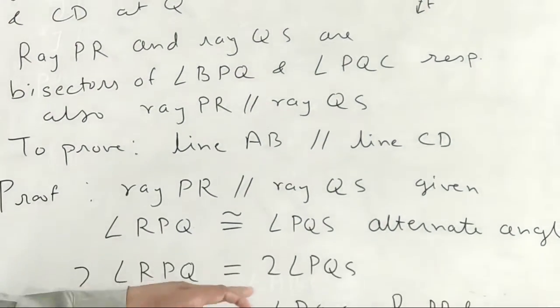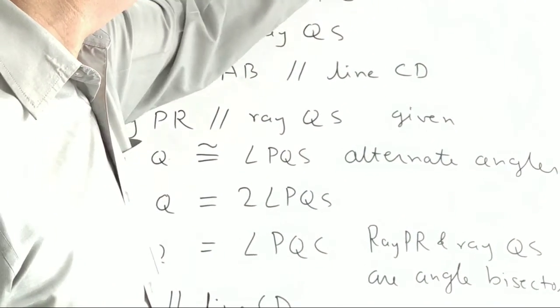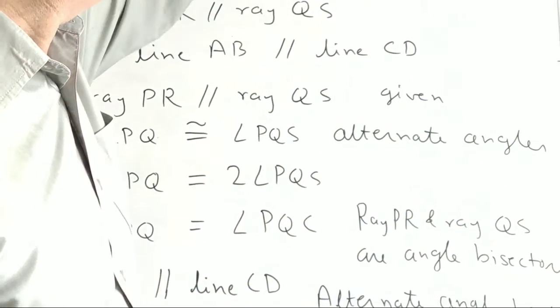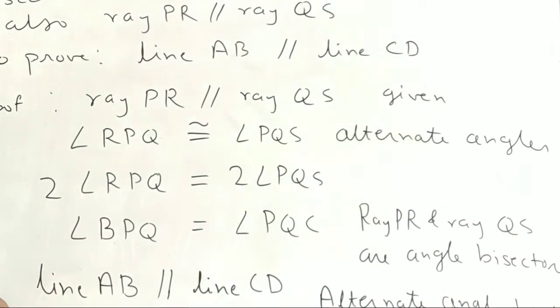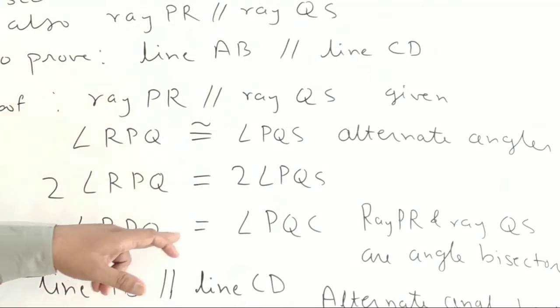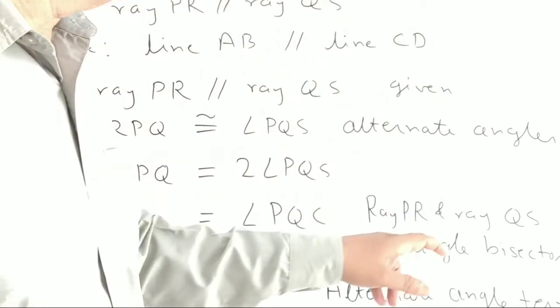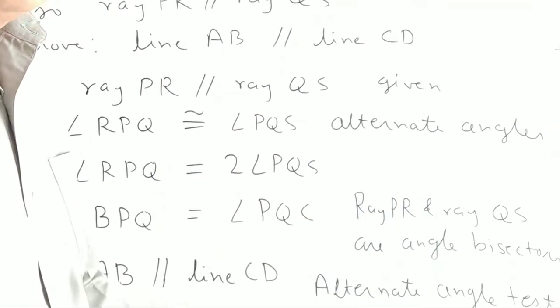So 2 angle RPQ equals 2 angle PQS. 2 angle RPQ is angle BPQ, right? And 2 angle PQS is PQC, right? Angle BPQ equals angle PQC because they are angle bisectors. So double, we get the full angle.